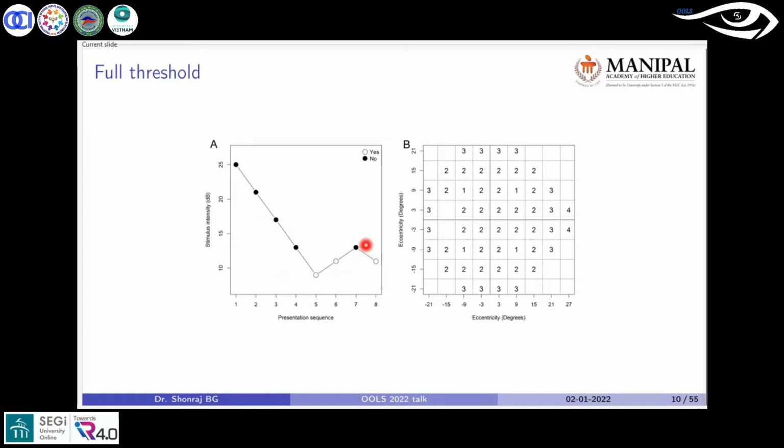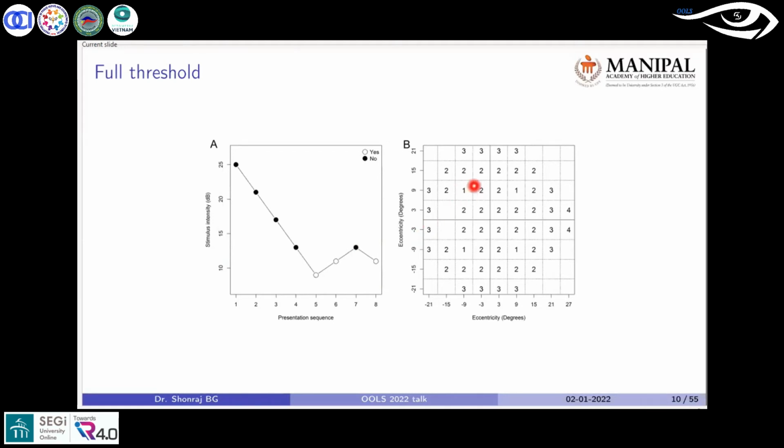In full threshold, the last seen stimulus intensity is taken as the threshold value. For example, in this case, the last seen is here, which would be somewhere around, let's say, 11 decibel. So 11 decibel is taken as the threshold value for this particular location.